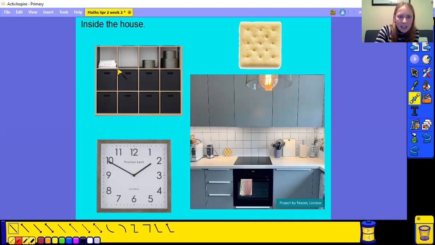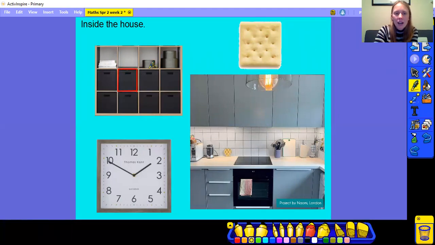Oh, I can see on this one that this box has 1, 2, 3, 4 equal sides at the front of it. And 1, 2, 3, 4 corners. That means that it is a square.